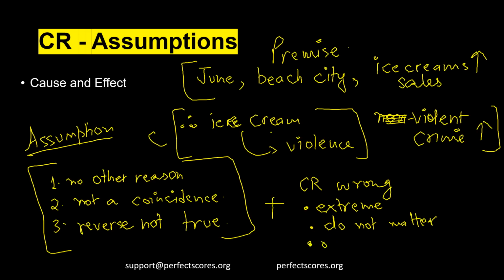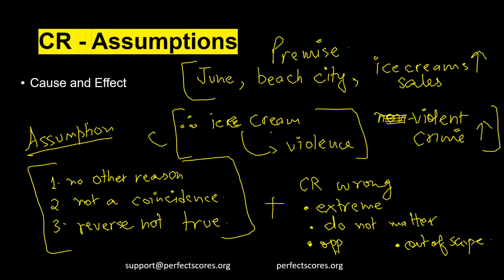Options that do the opposite of what you want them to do are obviously wrong, but these are a little hard to recognize at first. They get confusing. And then options that completely change the scope, that are out of scope, are the ones that are wrong. So the first step before we move to the question is you read the argument, you predict what the answer should be like, and then you move to the options.